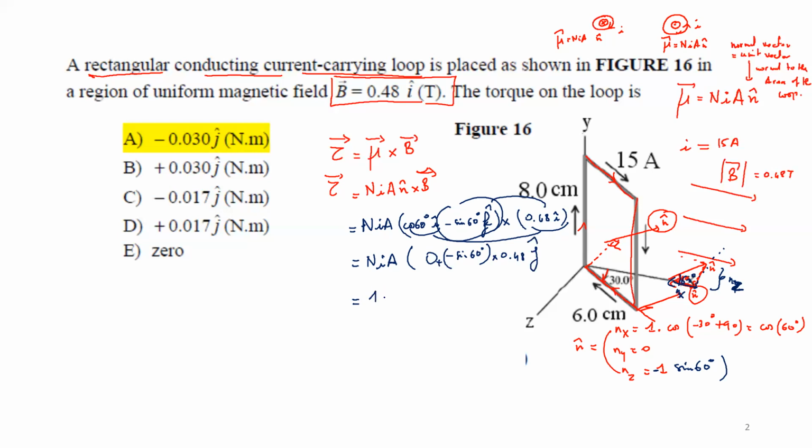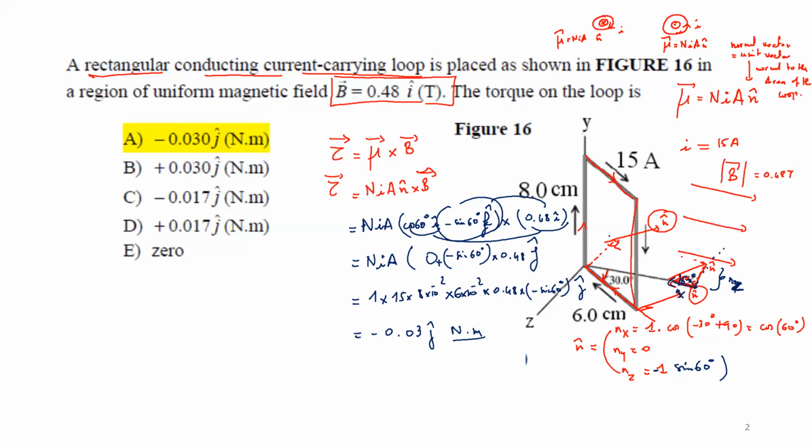Here the number of turns is 1, the current is 15, the area is 8 centimeters by 6 centimeters, 10 to the power minus 2, and then I multiply by 0.48, then I multiply by minus sine 60. I already discussed this in class, okay, j hat. And this will give me minus 0.03 j hat newton meter.